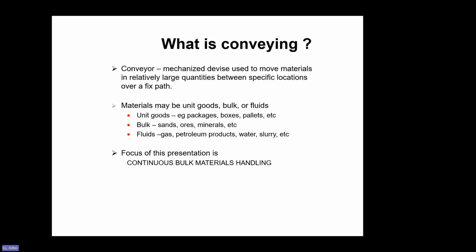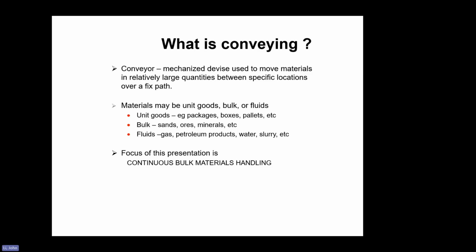And the total conveyor types number about 400. And the materials may be unit goods, bulk, or fluids.